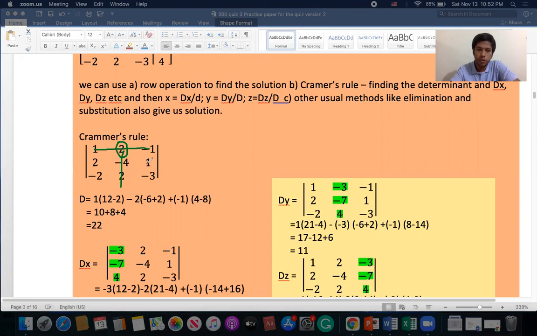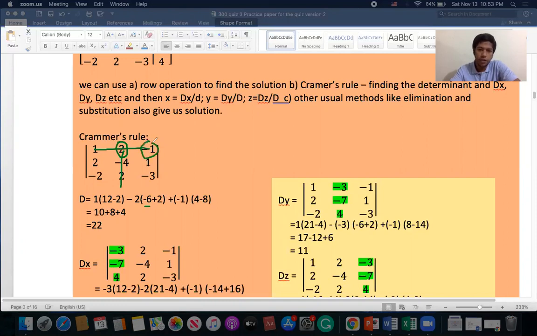We will have 2, 1, minus 2, minus 3. So 2 into minus 3 means minus 6. Then minus 2 into 1 means minus 2, but there is a minus from the rule in between. So that's why it becomes plus.